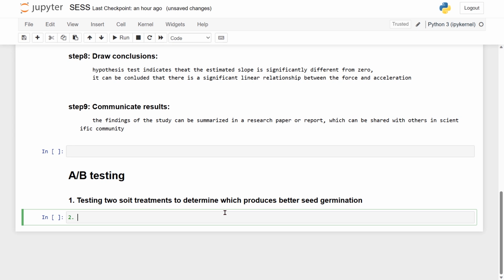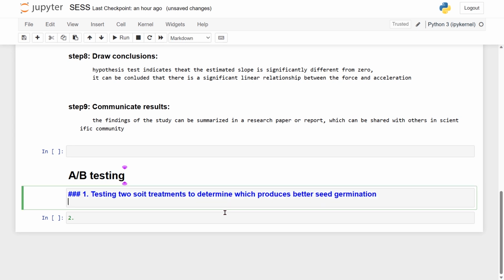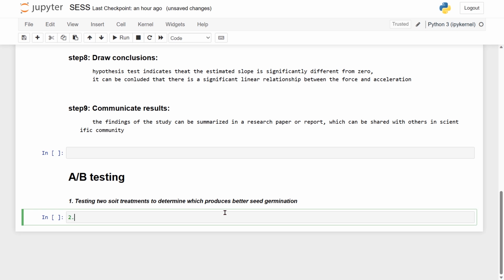Second example, testing two therapies to determine which suppresses cancer more effectively.